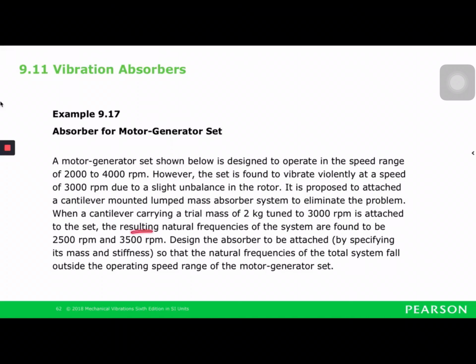And the resulting natural frequencies of the system are found to be 2000 rpm, 2500 rpm and 3500 rpm. So basically it introduces two new natural frequencies, which are 2500 rpm and 3500 rpm. But this is quite, it's still in the middle, right?